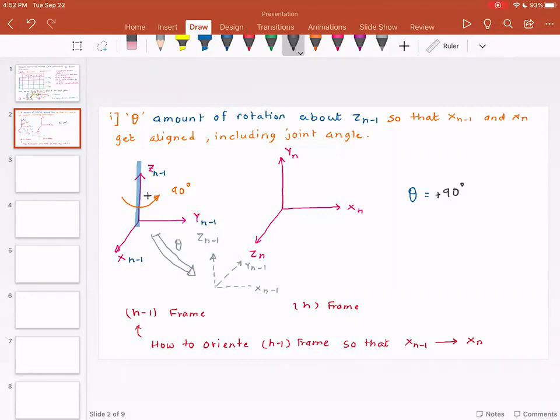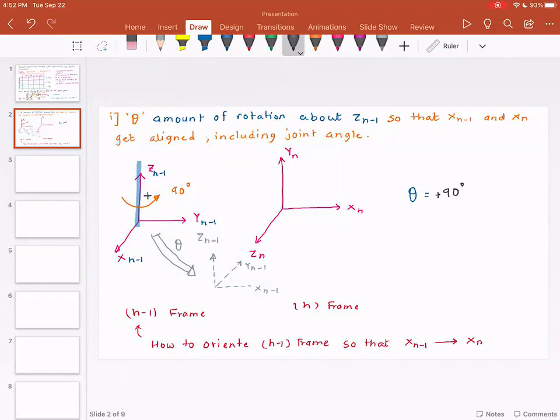And what I want to do is find out how I can align my previous frame to the current frame by applying rotations about previous z, so that Xn minus 1 gets aligned with Xn.